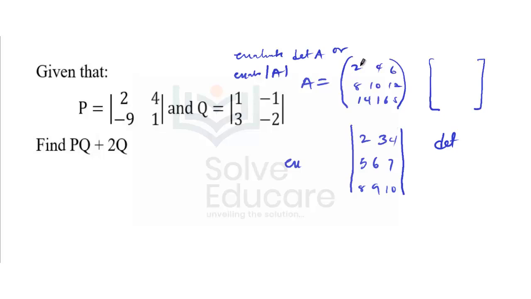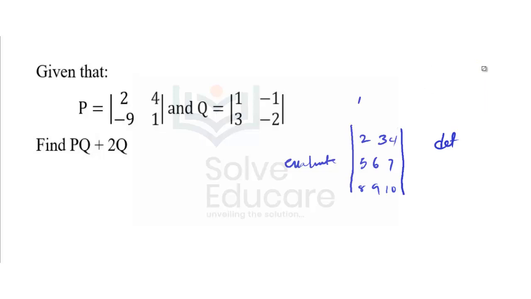What it's saying is find the determinant of this element. But when you see something like this, it won't mention evaluate determinant. You just say evaluate this. That means that you are required to find the determinant of the matrix. So in response to that query, I don't think there's an error with this question.